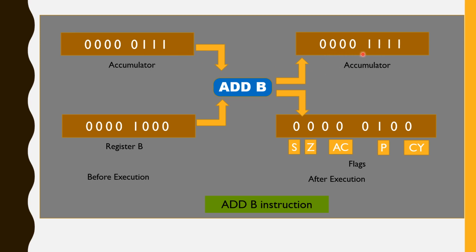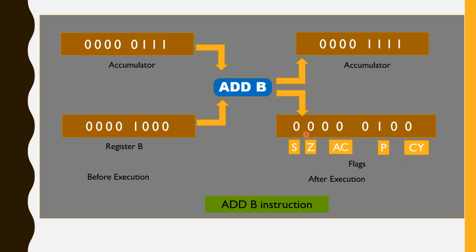Now according to this result, the flags are set. In 8085, 8 bits are required to represent the flag register, and in that there are a total of 5 flags: sign flag, zero flag, auxiliary carry flag, parity flag, and carry flag.